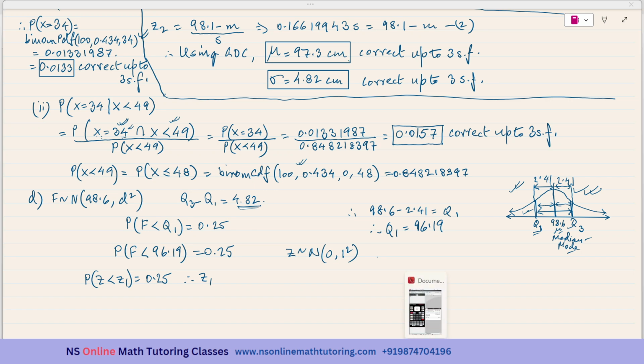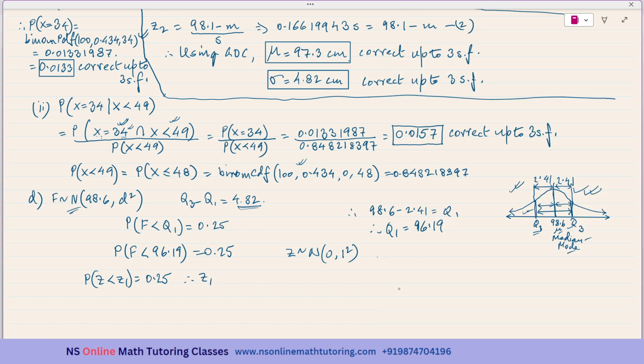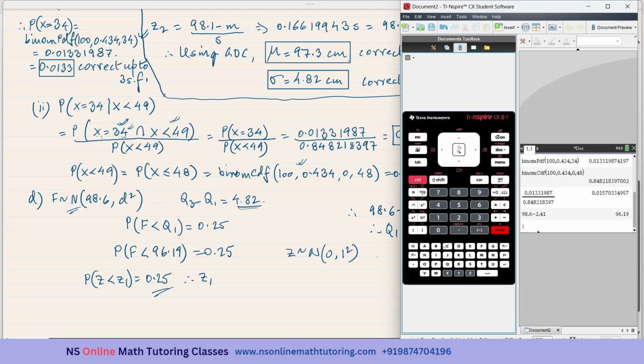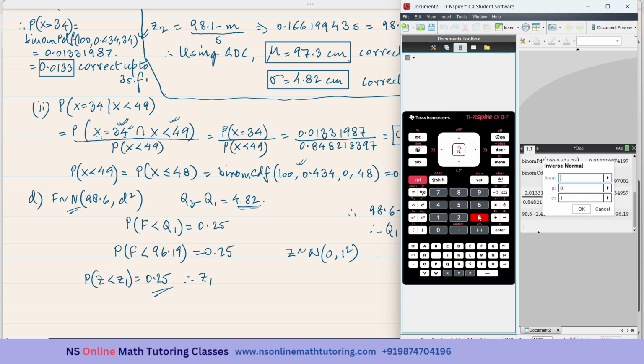Let us find. Now again, it is the normal distribution variable. And since the probability is known, we will be using the inverse normal function. So we go to menu and then 5 probability and then 5 distribution and then it is the inverse normal. 3. Area is 0.25. Mean mu is 0 and the standard deviation sigma is 1.